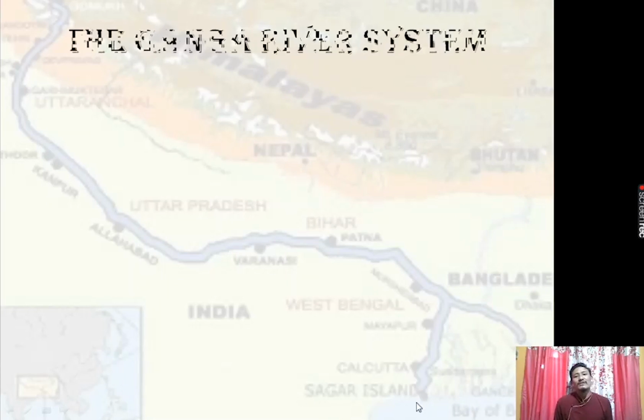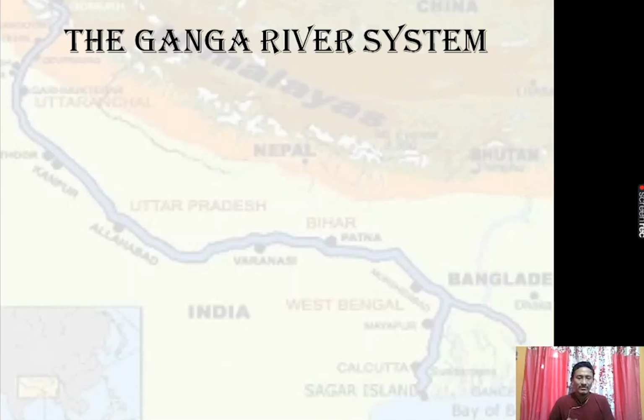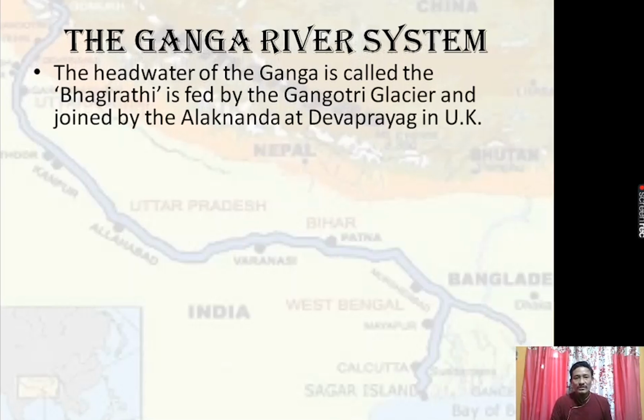Alright, so after this we have the Ganga river system. So Ganga, as we know very well, the river itself is considered very sacred in Hindu mythology, and as I have already mentioned, the Ganga originates at Gangotri Glacier, in, let's say, Uttarakhand.